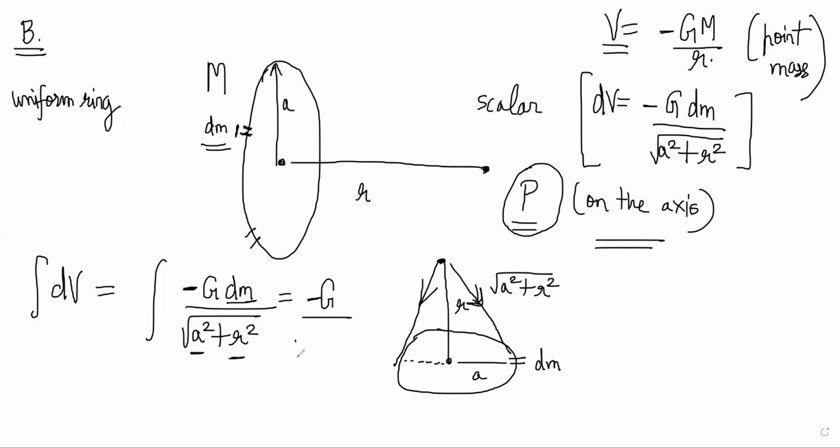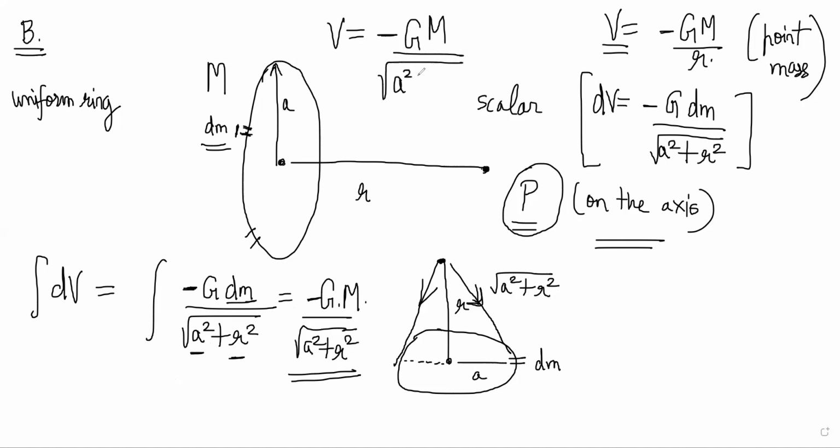It is minus G by root over a square plus r square, and the integration of dm will be the total mass capital M, right? So this gives you your potential due to a ring, and it comes out to be V is equal to minus G capital M by root over a square plus r square, where the point P was on the axis of the ring at a distance r, right? That is simple enough.